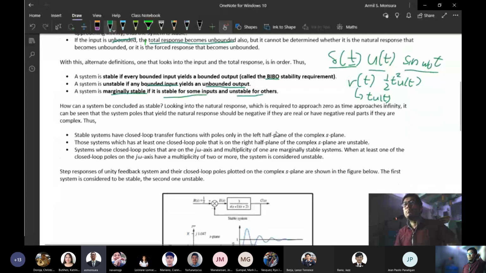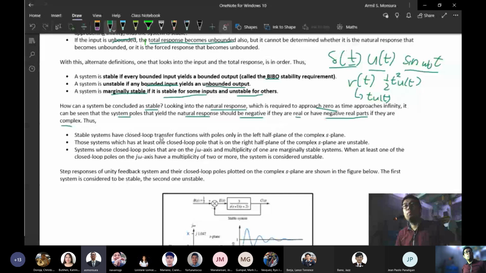So, yan. Now, how can a system be concluded as stable? So, paano ba natin nako-conclude na stable yung system natin? Looking into the natural response, which is required to approach zero as time approaches infinity, it can be seen that the system poles that yield the natural response should be negative if they are real, or have negative real parts if they are complex.